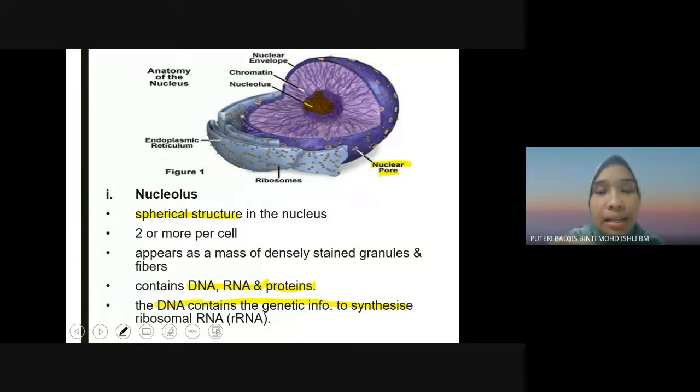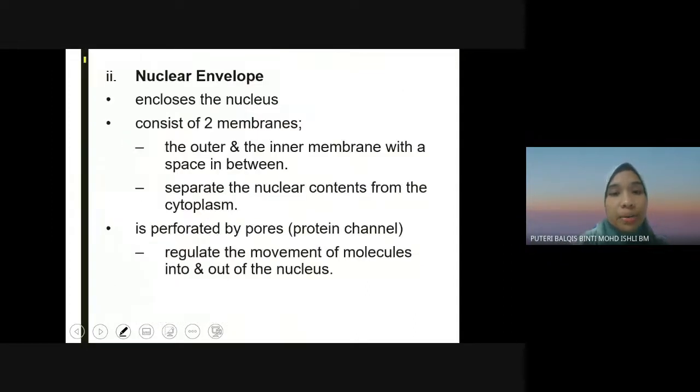And then we also have nuclear envelope. Macam envelope, sarung lah, sarung nukleus tu. And then the endoplasmic reticulum. Alright, the nuclear envelope encloses the nucleus, consists of two membranes, the outer and the inner membrane. Nuclear envelope is perforated by pore.